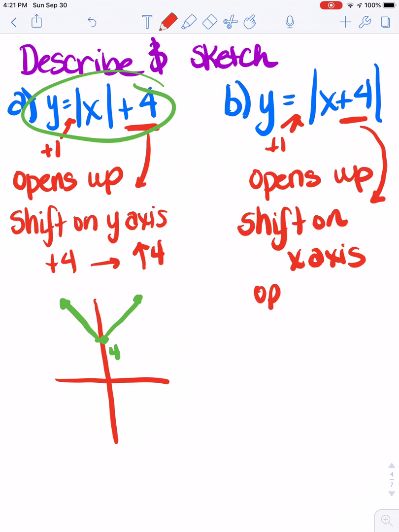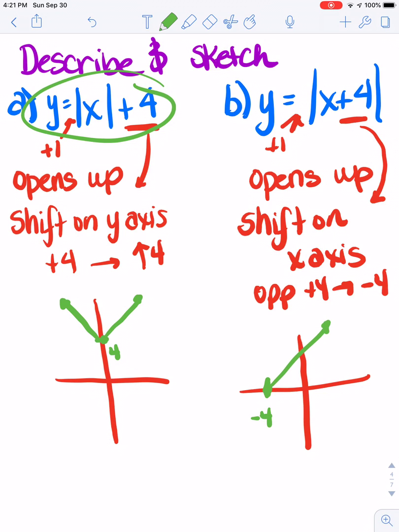And remember, that's opposite. So if it's at positive 4, it really wants to go negative 4. So if I have my x and y axis here, and I went over to negative 4, that would be where this graph would be.